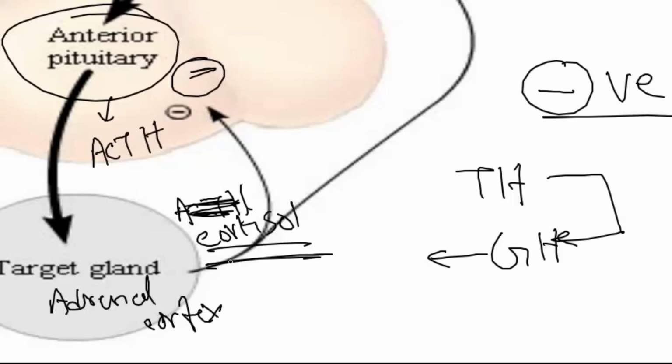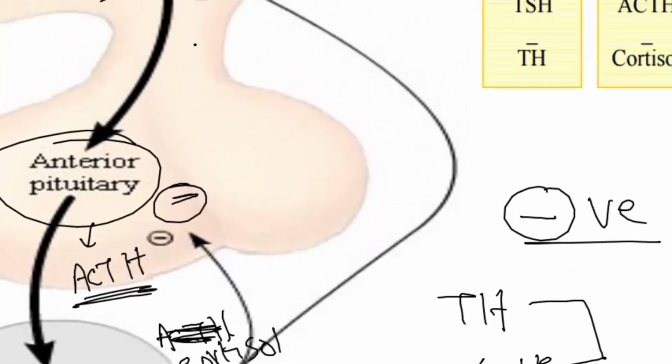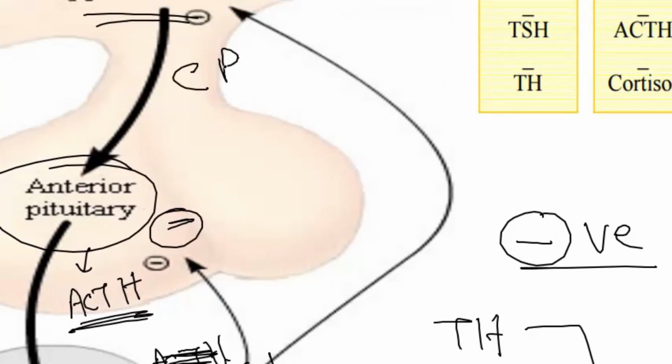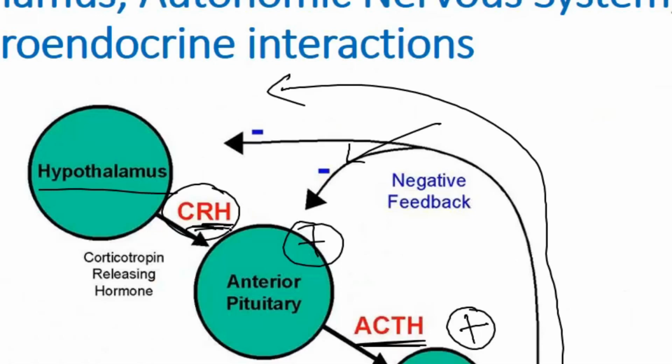So synthesis of cortisol in turn indirectly blocks the release of ACTH anymore from the anterior pituitary. And release of cortisol will also inhibit the ventral hypothalamus from releasing CRH, corticotropin release hormone. Okay, so that is both positive and negative feedback going on to regulate the release of a specific hormone ultimately from the target gland.